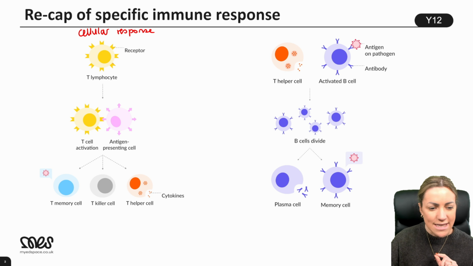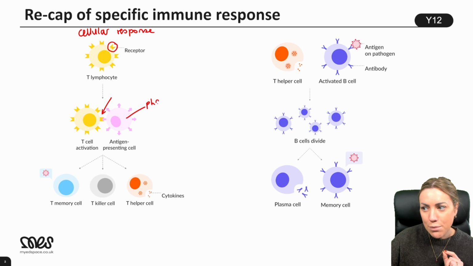So here is a T lymphocyte. It's specific, so we need to activate the T lymphocyte that has receptors that are complementary to this specific foreign antigen. And you can see here that the complementary receptors on the cell surface membrane of this T lymphocyte are binding to the foreign antigens that are being presented.